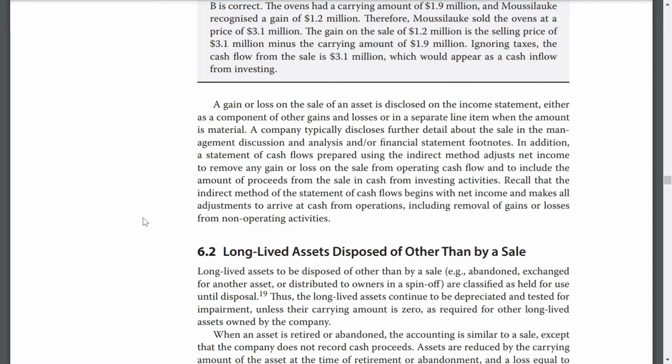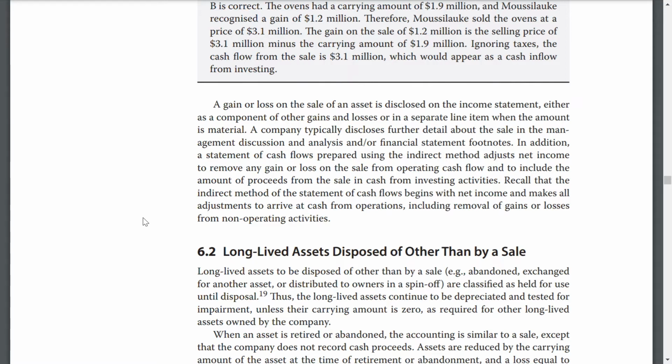In addition, a statement of cash flows prepared using the indirect method adjusts net income to remove any gain or loss on the sale from operating cash flows and to include the amount of proceeds from the sale in cash from investing activities. Recall that the indirect method begins with net income and makes all adjustments to arrive at cash flow from operations, including removal of gains or losses from non-operating activities.